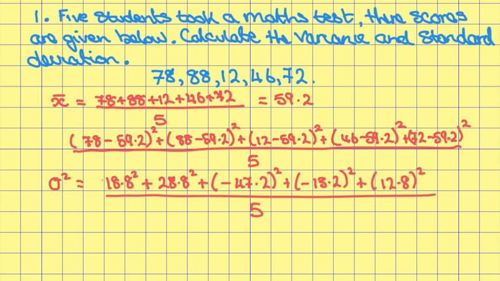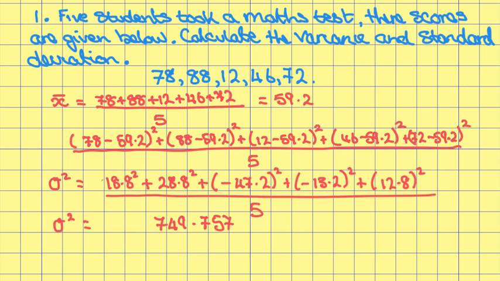That gives me a variance, sigma squared, of 749.757. Well, I can hear you saying that's a massive number.